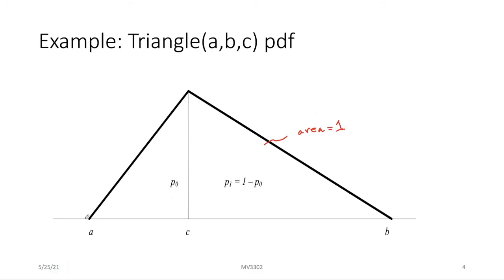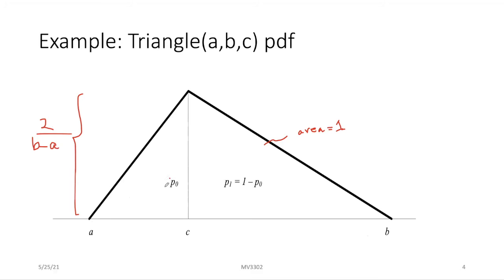And because of that, now the base of this triangle is B minus A. And so what that means is that the height of this triangle has to be 2 over B minus A. Otherwise, that's the only value that will give us an area of 1.